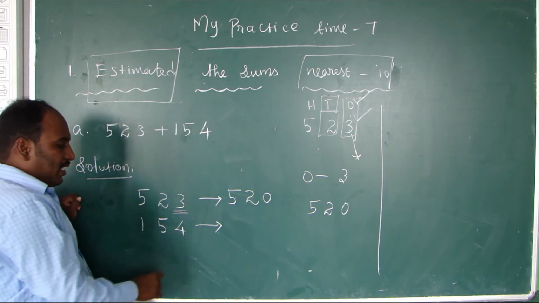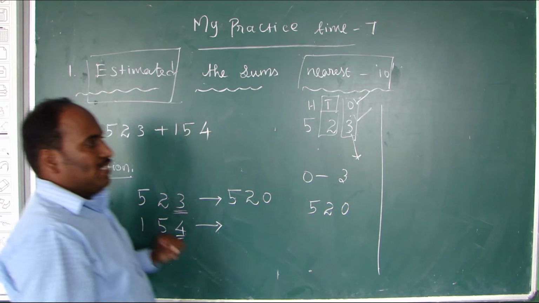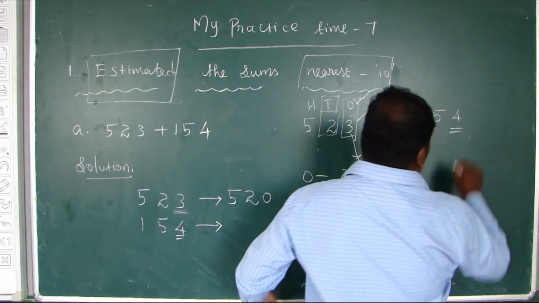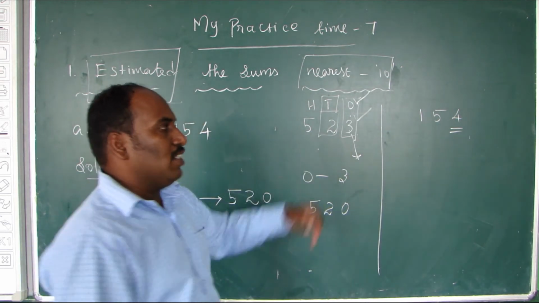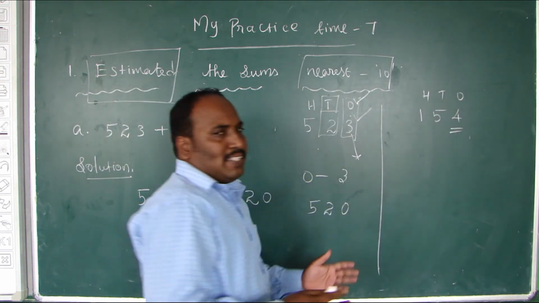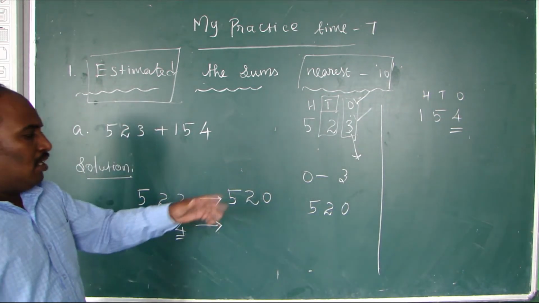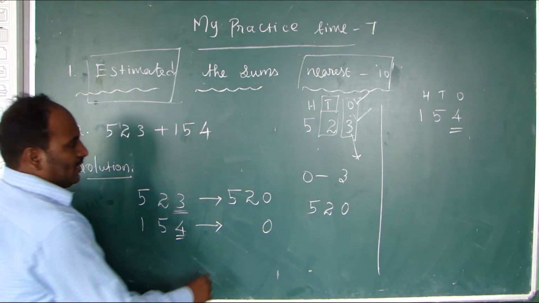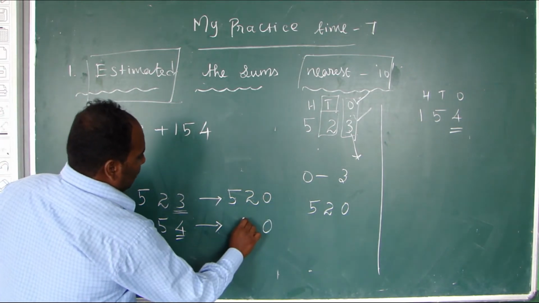We consider the ones place of 154. Here the ones place is 4. The ones place is less than 5, so the ones place will be 0 with no change in the tens and hundreds places.